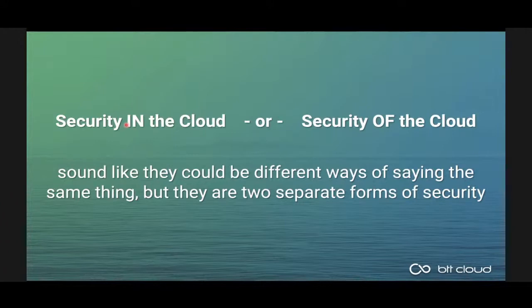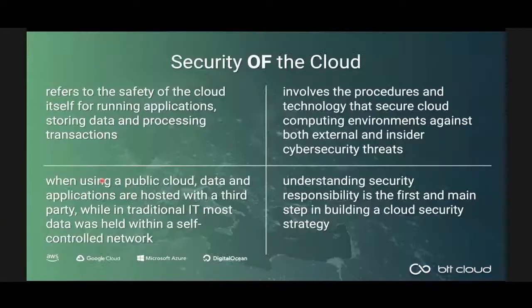They look like very similar terms, but in security they are very different. It sounds like they could be different ways of saying the same thing, but actually they are very separate forms of security, and very separate mindsets, that modern security engineers need to know and polish for their future success in this cloud security world.